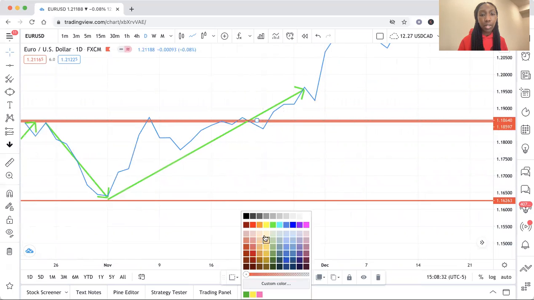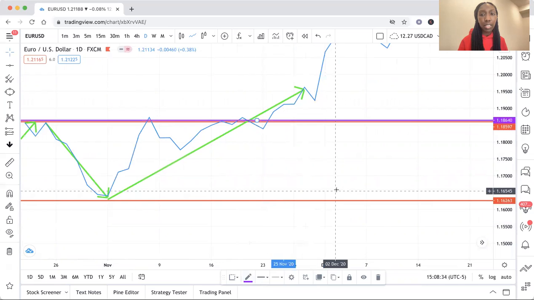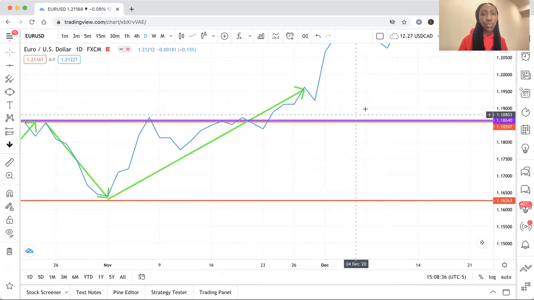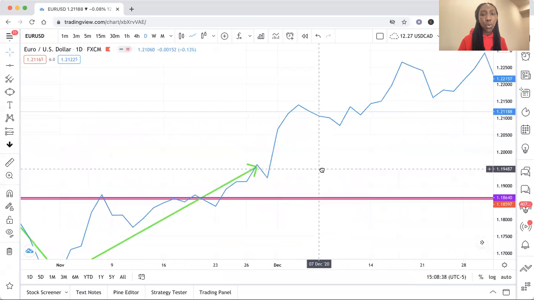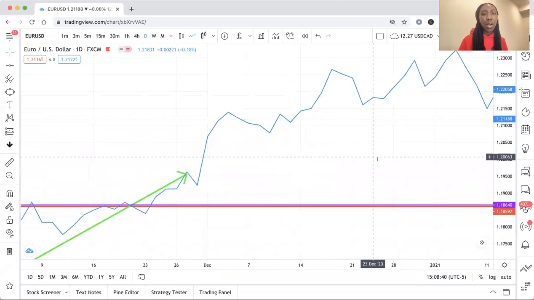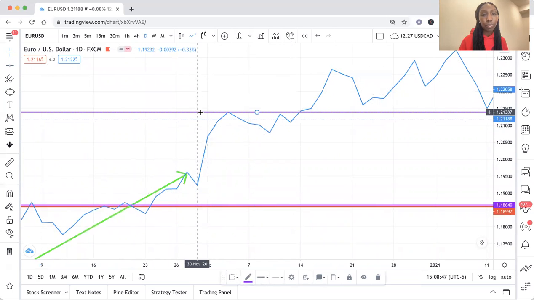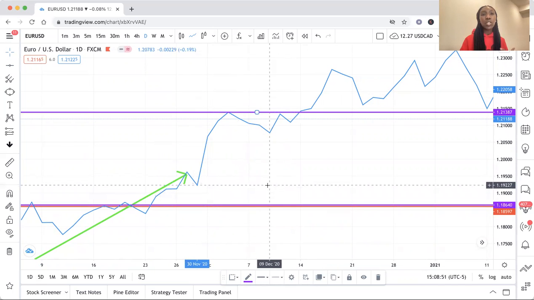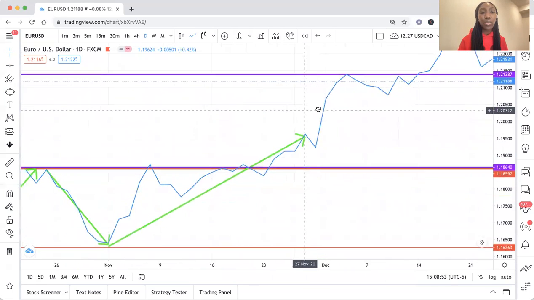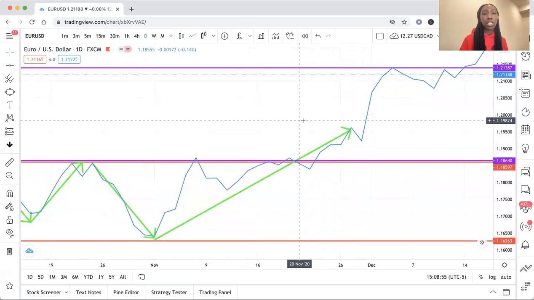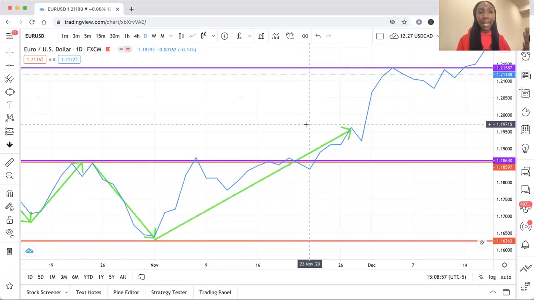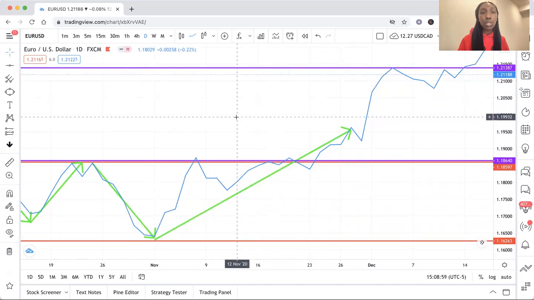Right, so I'm going to make it another color just so you can see. Now this is our new floor. We're on the second floor, and so now we're going to have new levels of support and resistance. We're going to have a new ceiling, and so the market is going to continuously break through levels of support and resistance to create new highs and new lows, right?